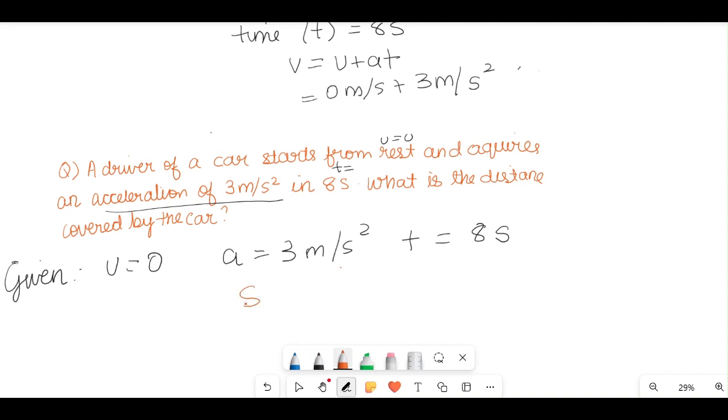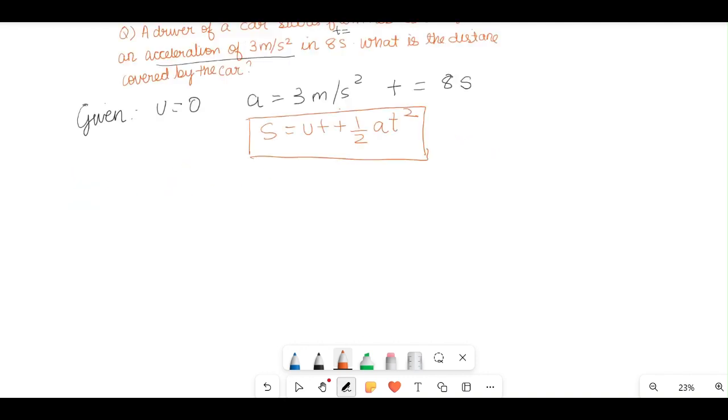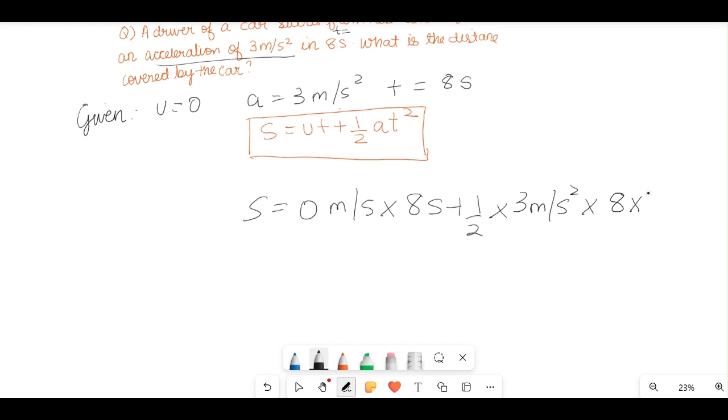Sorry, we'll use the formula S is equal to UT plus half AT square. Now substituting the values in this formula, S is equal to 0 meters per second into 8 seconds plus half into 3 meters per second square, which is your acceleration, into your time, so it will be 8 square.